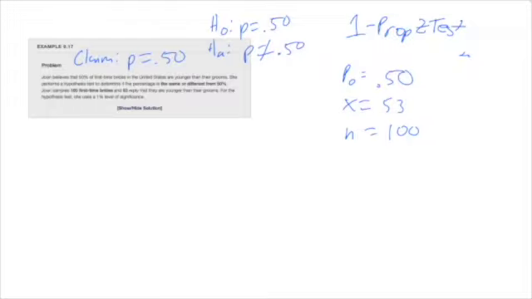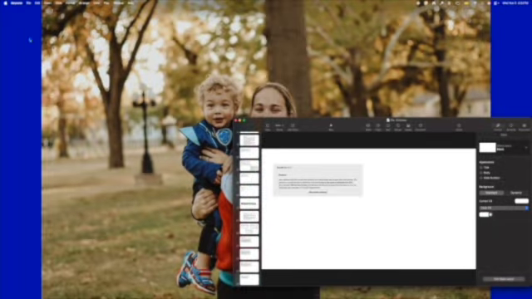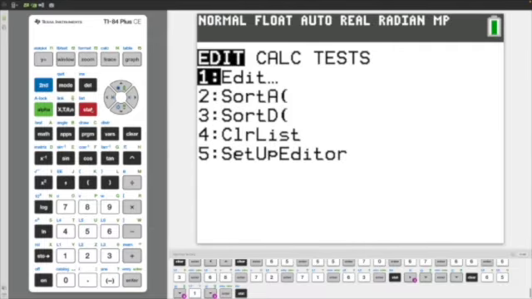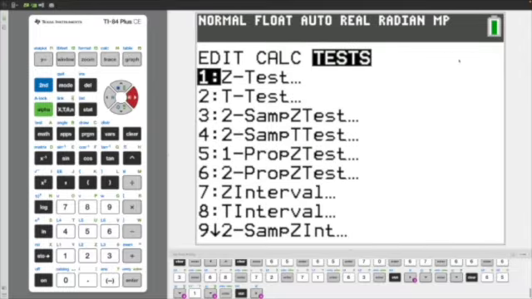But then after that, you can go to the graphing calculator and go to Stat, over to Tests. And we want a 1 proportion z-test, so number 5 there.